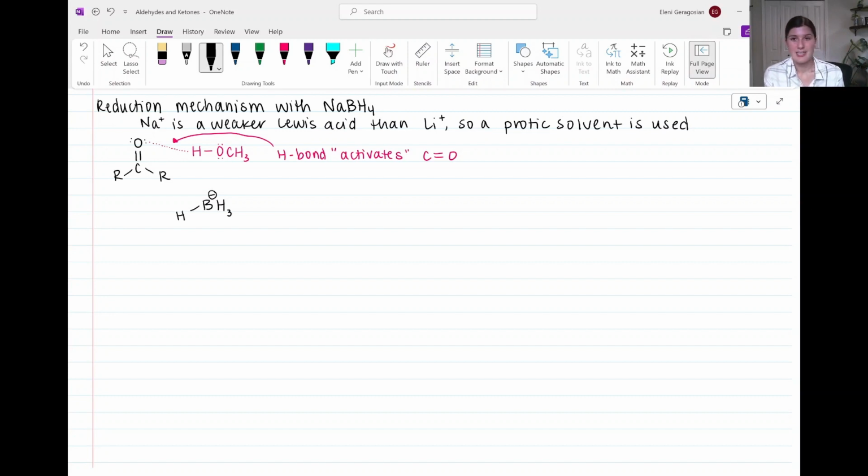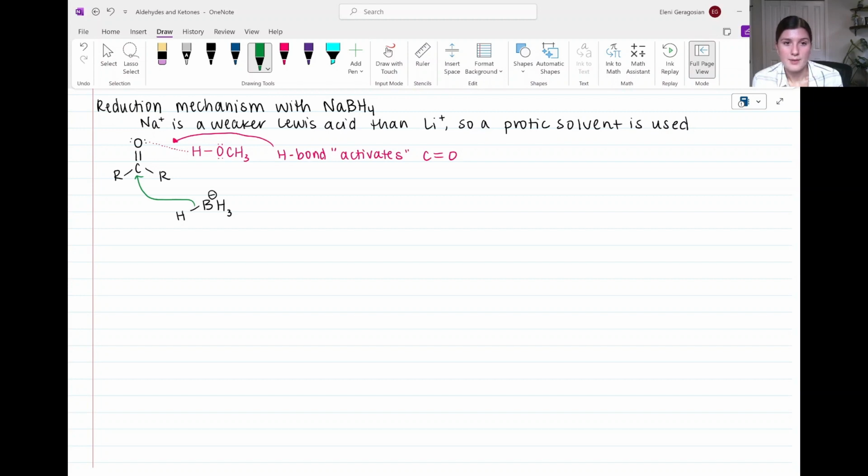This mechanism is concerted. Everything will happen in the same step. Similar to the previous one, a hydride, so the hydrogen with electrons from the bond, is added to the carbonyl carbon. And now that oxygen already has a hydrogen bonding interaction to the hydrogen in the solvent, in this case methanol.